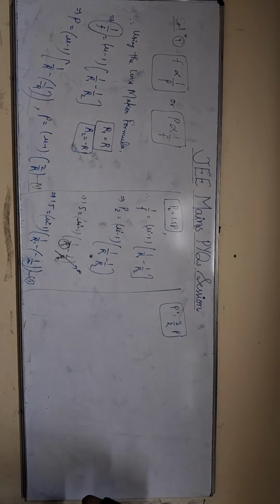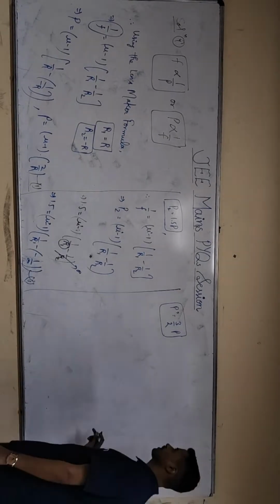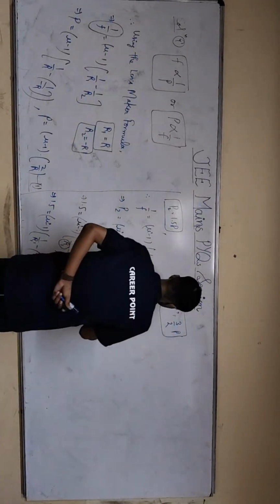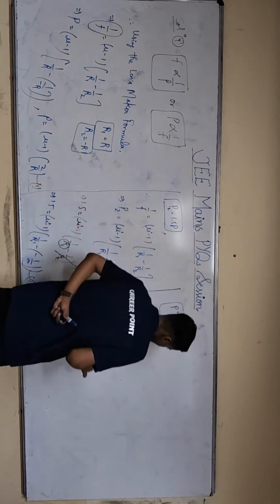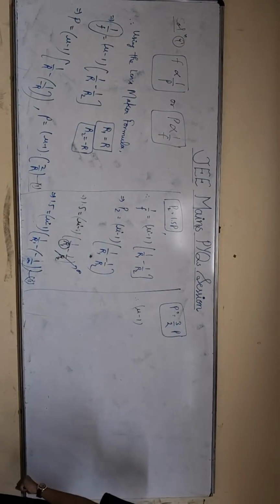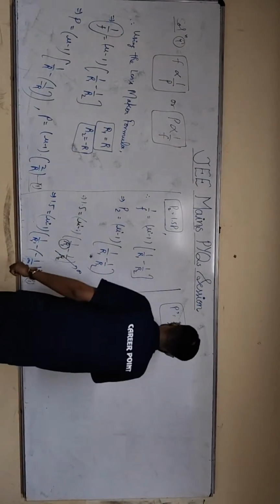It is very easy to use. The simple way is mu minus 1, and later on we can put the value of R dash here.